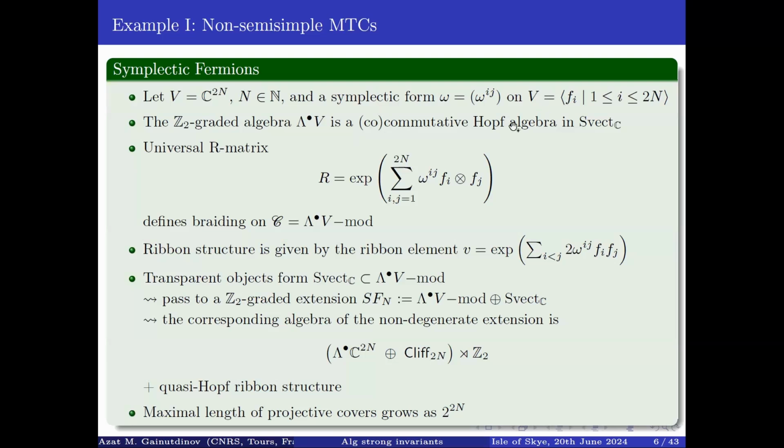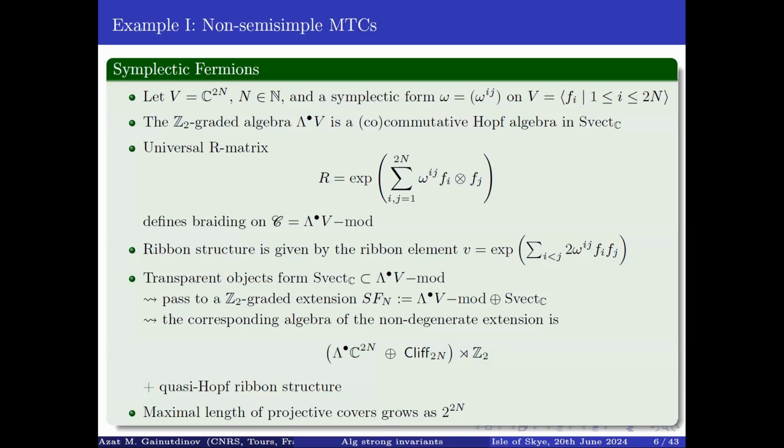So it's a Z-graded Hopf algebra. The standard braiding structure on the category of modules for such an exterior algebra is a symmetric braiding. It is the braiding coming from the super vector spaces, because this algebra lives in super vector spaces, and is co-commutative, so this category of modules inherits the braiding from the super vector spaces.